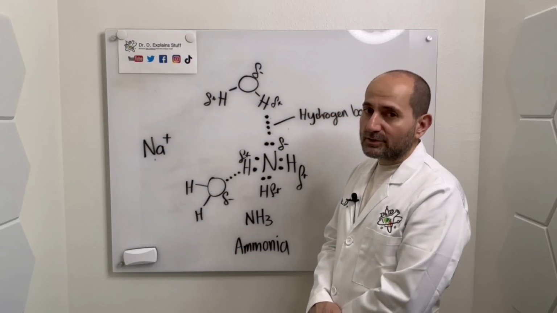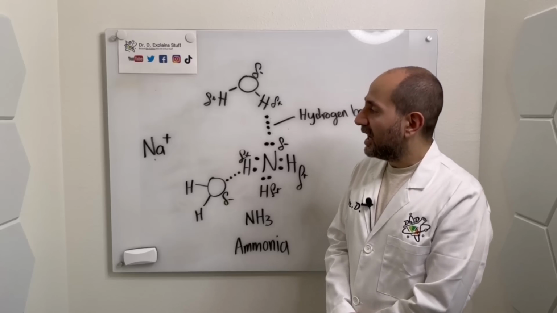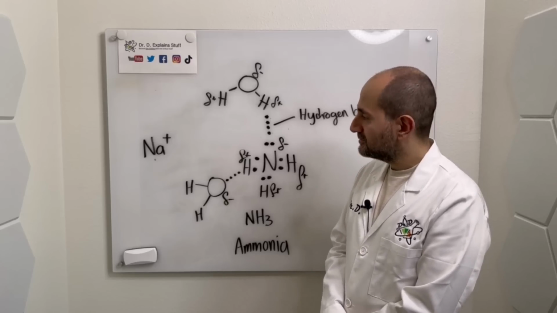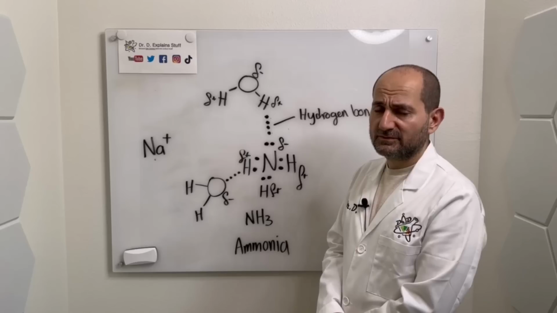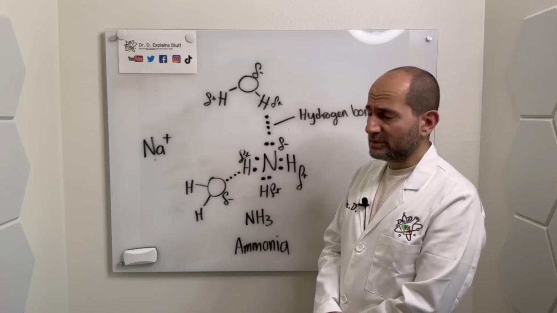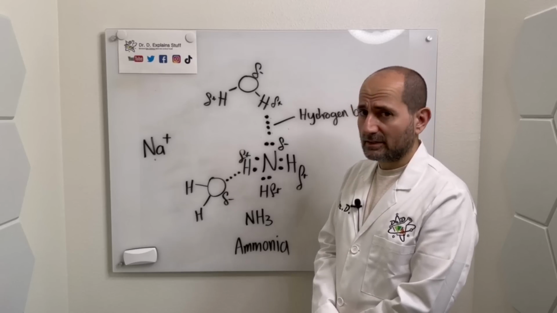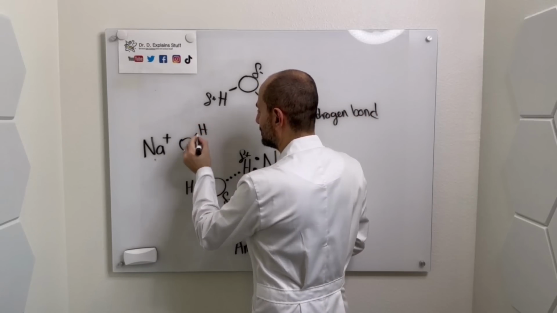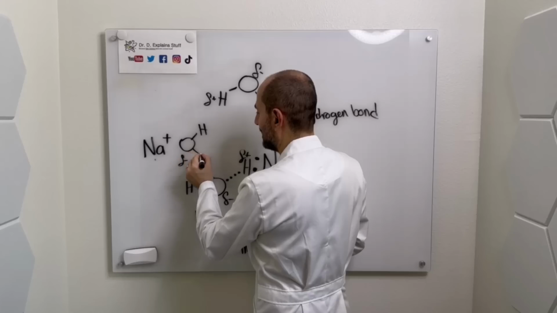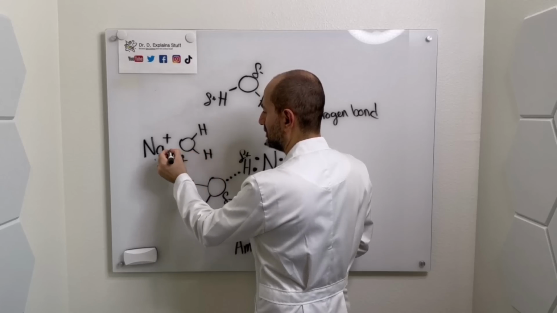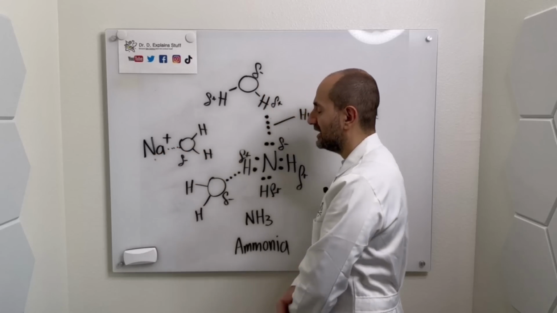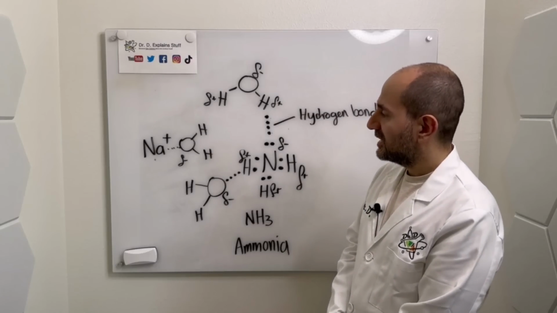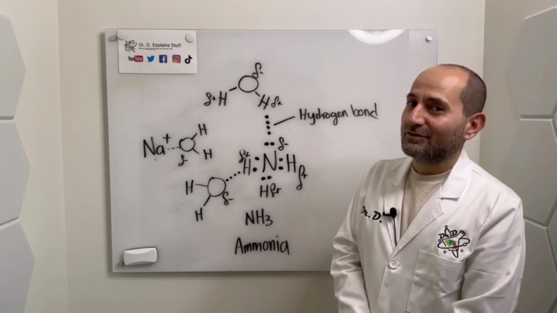Do you think water could dissolve sodium ion, Na+? And how? What part of the water molecule would dissolve sodium ion? That's right, it's oxygens, right? The partially negatively charged oxygen of water would form a hydrogen bond with the sodium. So water can dissolve sodium.